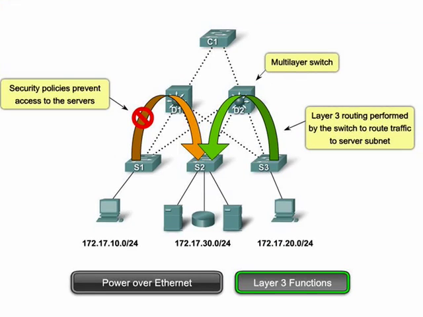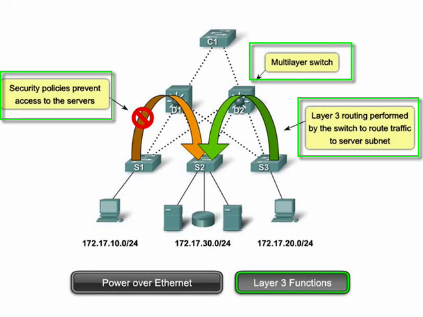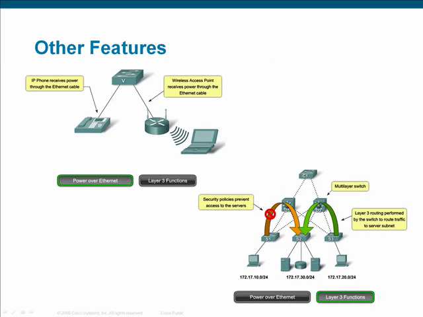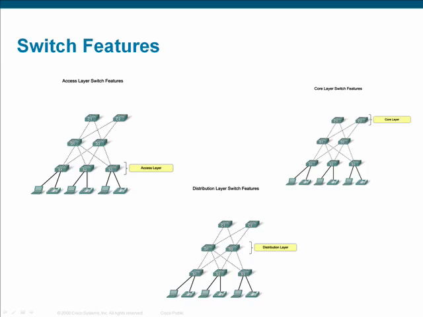Layer 3 capability enables a switch to perform forwarding based upon IP addresses rather than MAC addresses. Although beyond the scope of this presentation, Layer 3 functionality allows for faster packet switching than routers. This faster packet switching functionality is ideal for LAN environments where users expect extremely fast network performance times. Quality of service, or QoS, and VLAN support are also critical for today's converged networks.